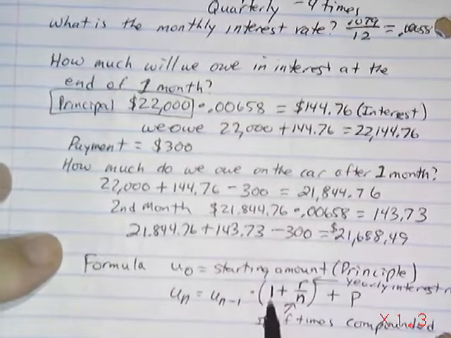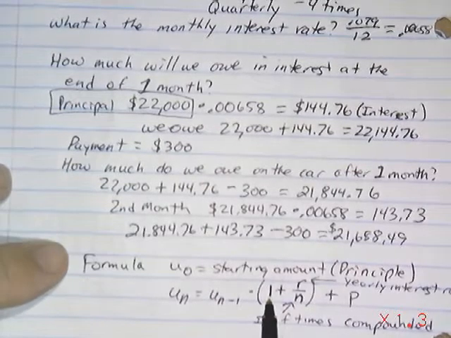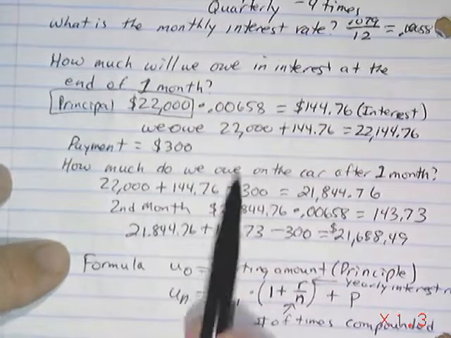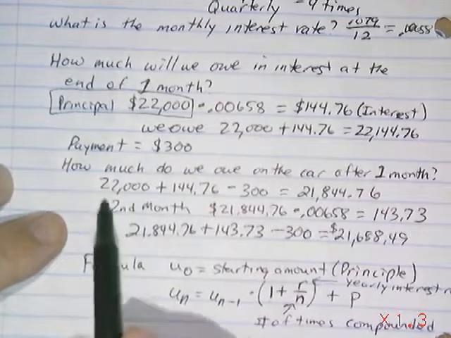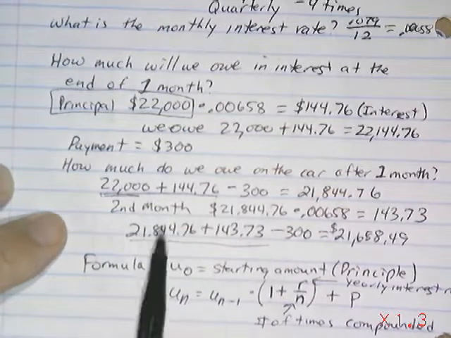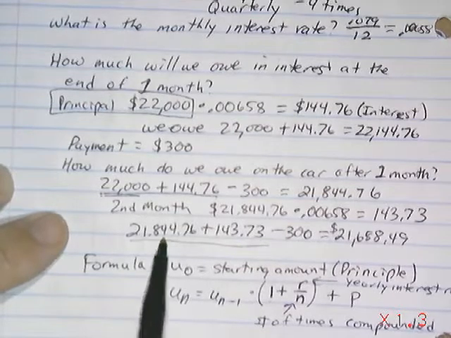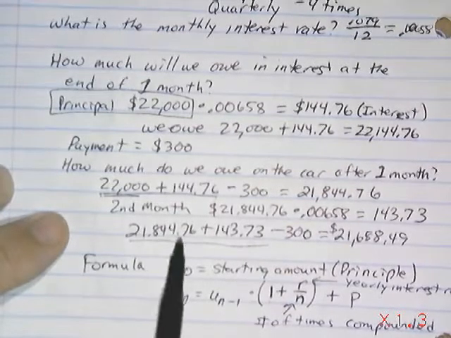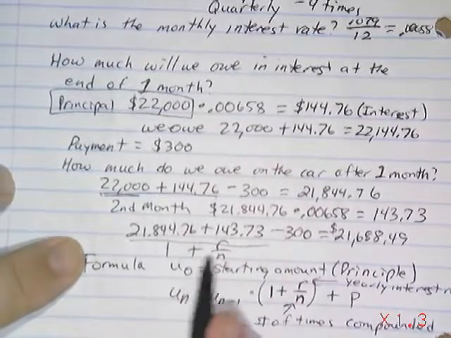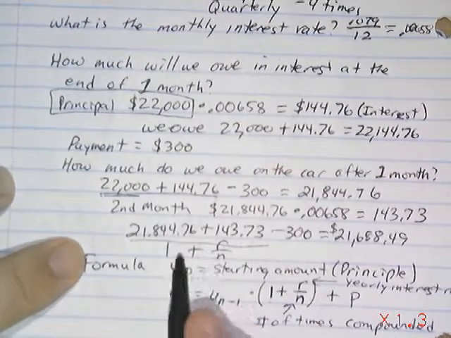times 1 plus 0.06 divided by 4 plus 100, which we'll see is, put it in here, 3,000 times 1 plus 0.06 divided by 4 plus 100.